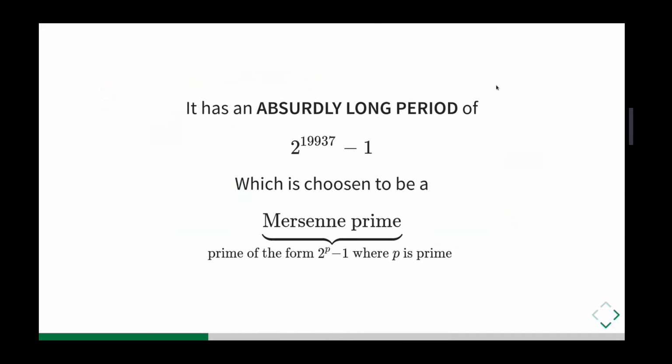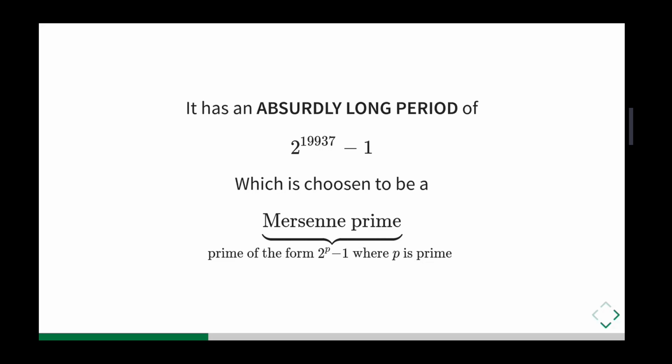Now, this generator has a period of 2 to the 19937 minus 1, which is chosen to be a Mersenne prime, and this is why the generator is called a Mersenne Twister. We don't really care about this, but it's to understand how the name came about. A Mersenne prime is a prime of the form 2 to the p minus 1, where p also has to be prime.